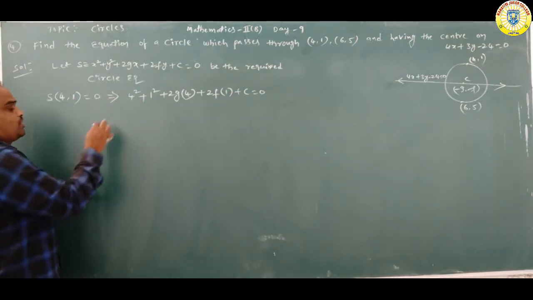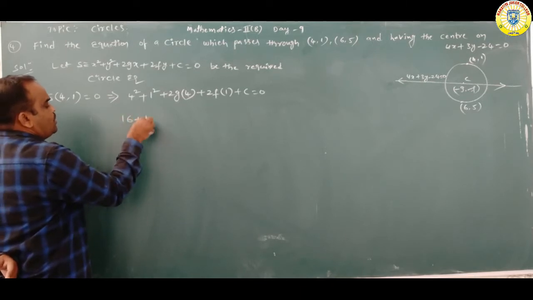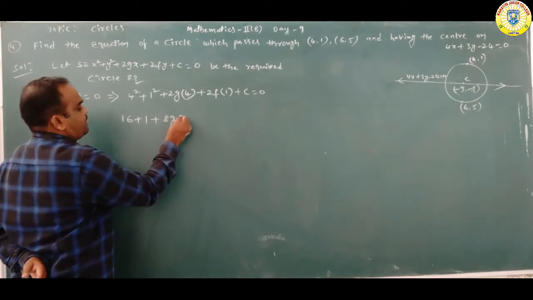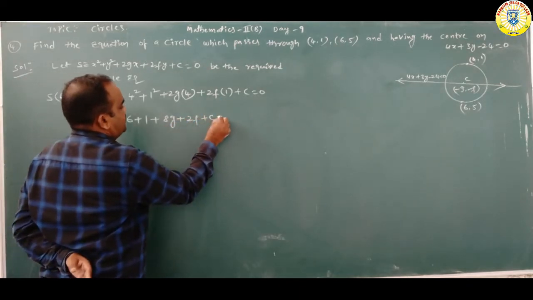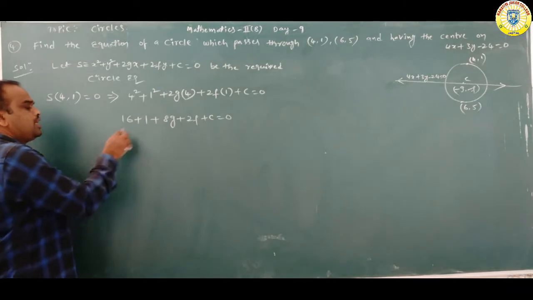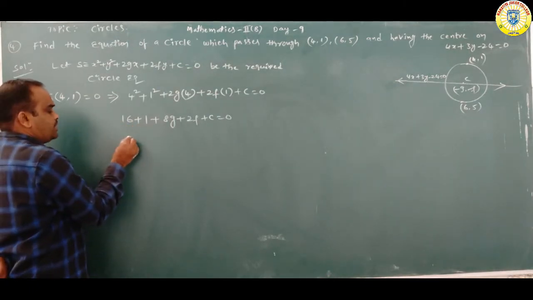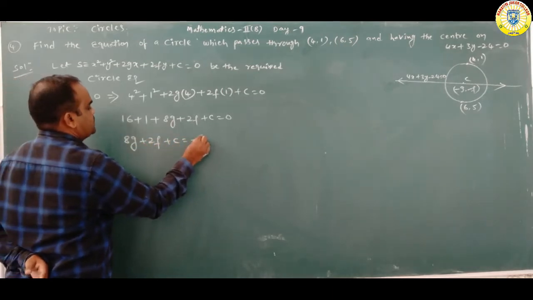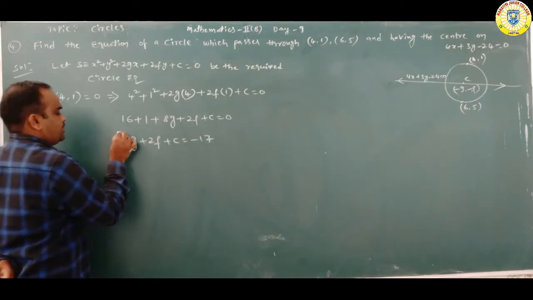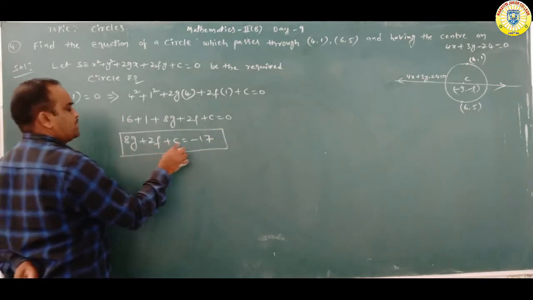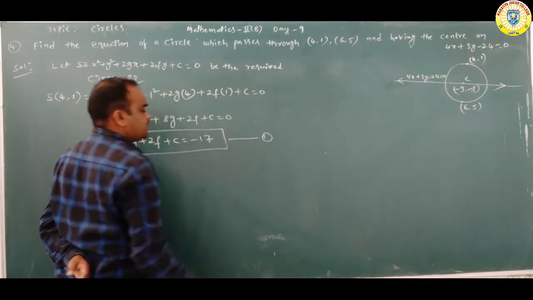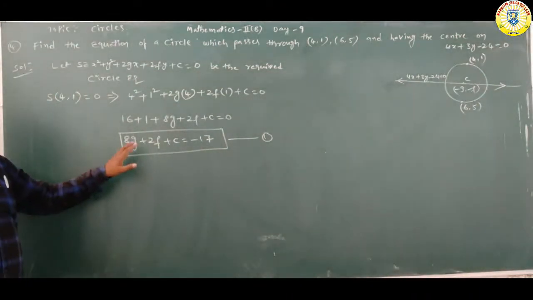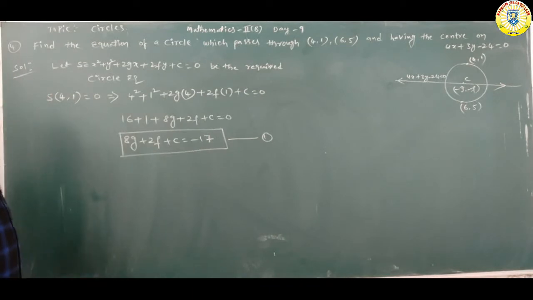Now we are simplifying this one. 4² = 16, 1² = 1, 2g into 4 is 8g. 16 + 1 is 17. So 8g + 2f + c = -17. This we are taking as equation 1. 8g + 2f + c = -17, that is equation 1.